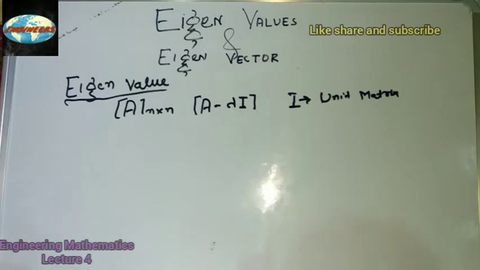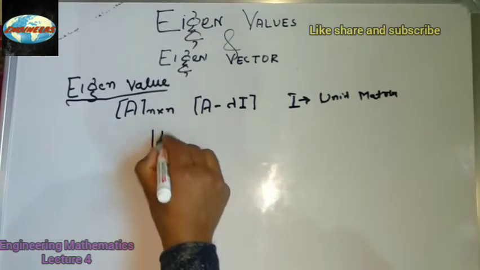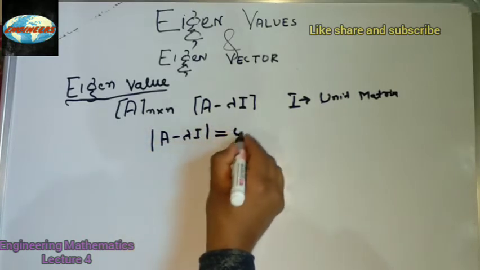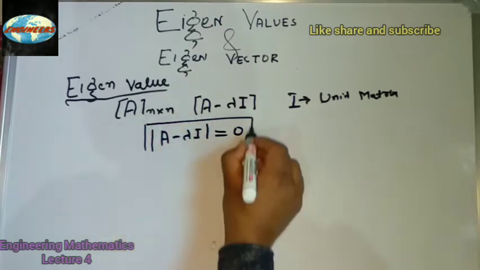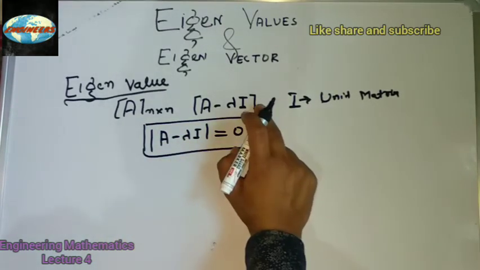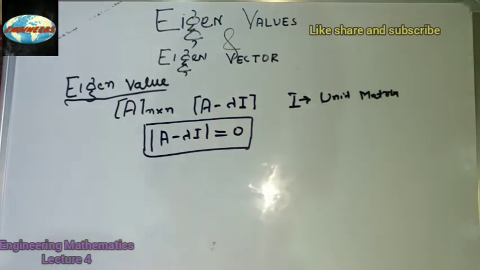After that, we take the determinant of A minus lambda I and equate it to 0.